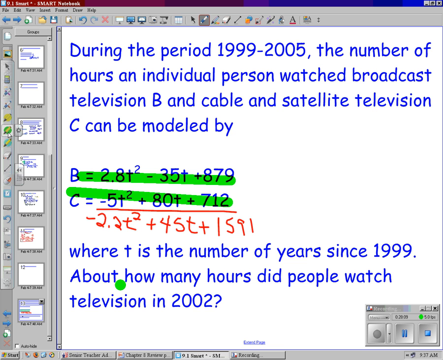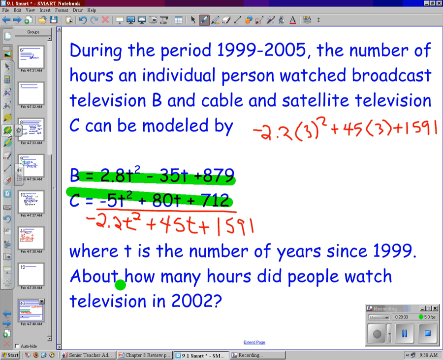But I want to know how many hours people are watching television in 2002. How many years after 1999 was the year 2002? 3. So you put a 3 in every time you see a t. So we get negative 2.2 times 3 squared plus 45 times 3 plus 1591.